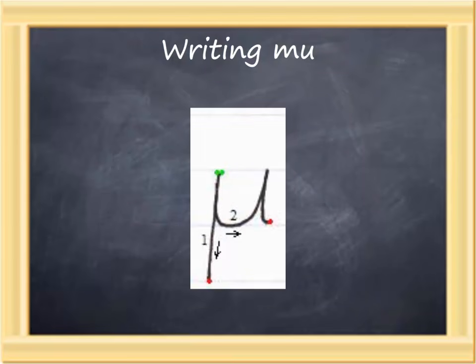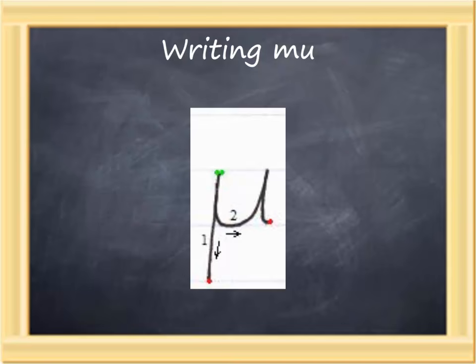The next 2 letters are a bit confusing. The mu looks like a U, but it's not. It carries the M sound. You can make it with 2 strokes, as in this example: one line starting at the middle and descending below the base, and then a U with an extra leg.